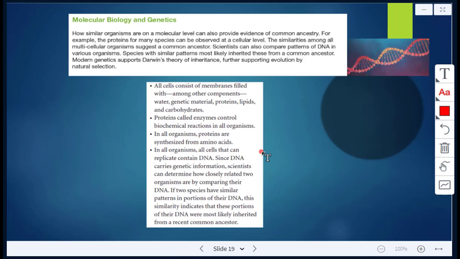DNA carries the genetic information, so scientists can determine how closely related two organisms are by comparing their DNA. And if two species have similar patterns in portions of their DNA, this similarity indicates that these portions of their DNA were most likely inherited from a recent common ancestor.